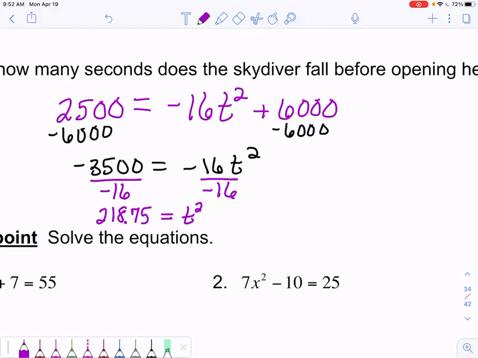Michael, what do you think? The last thing we have to do? Square root both sides, because remember, we're trying to solve for t. So we're going to square root both sides of the equation. Also, plug that in your calculator. And Michael, what did your calculator tell you?